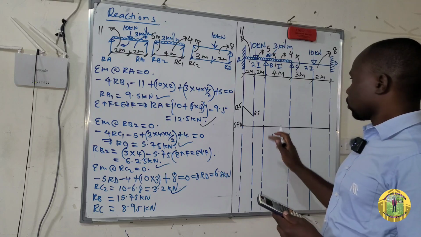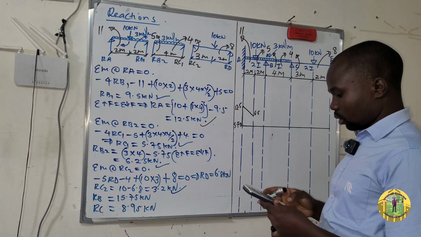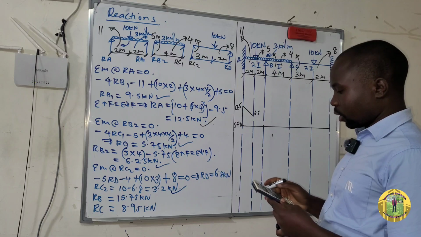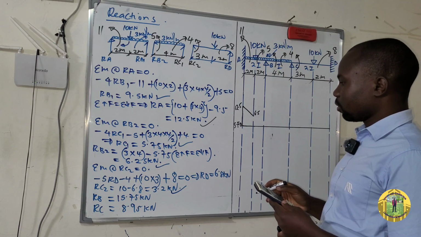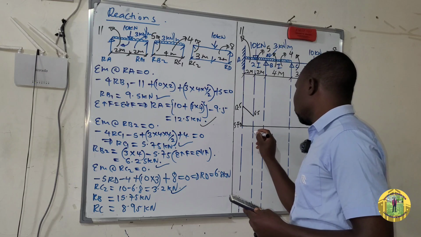and then take 6.5 minus 10. You'll get negative 3.5. Negative 3.5 somewhere like here.